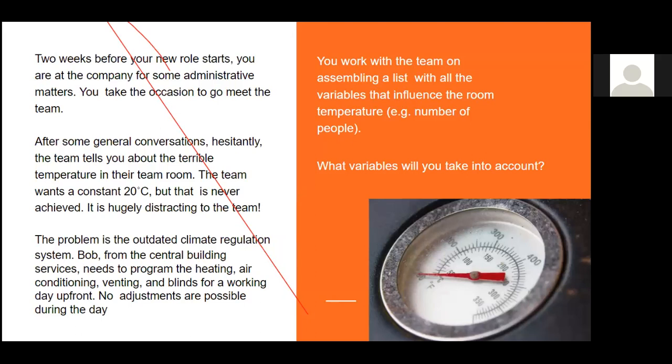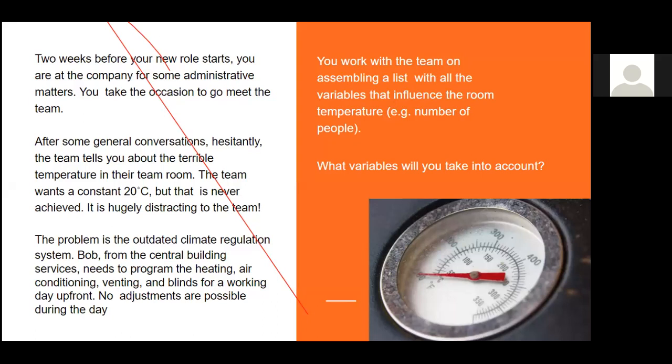Two weeks before your new role starts, you go to the company for some administrative matters. You take the occasion to go meet the team. After some general conversations, hesitantly, the team tells you about the terrible temperature in their team room. The team wants a constant 20 degrees centigrade, but that is never achieved. It is hugely distracting to the team.